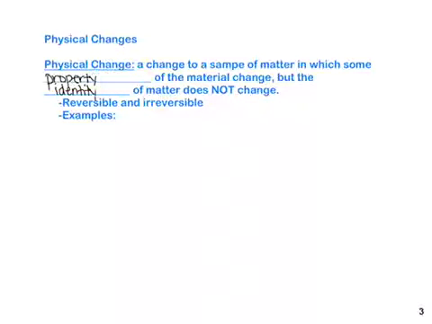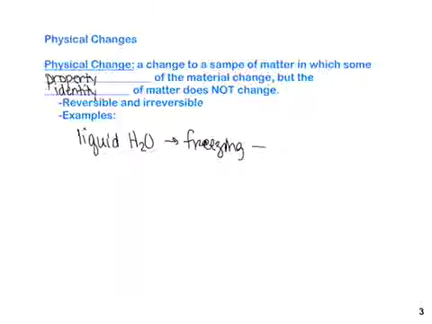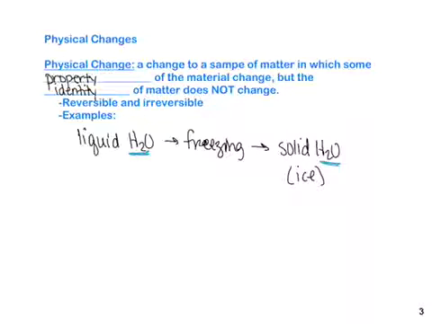These can be reversible or irreversible, and an easy example here is taking liquid water, freezing it, and then we get solid water or ice. But the point is that regardless, it's still H2O, whether it's a solid or a liquid.